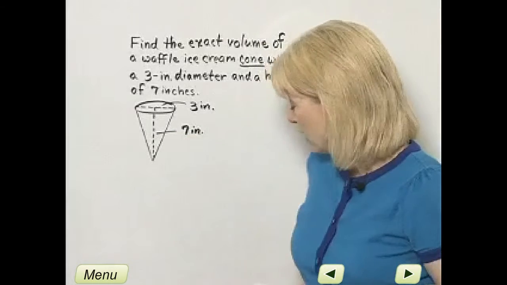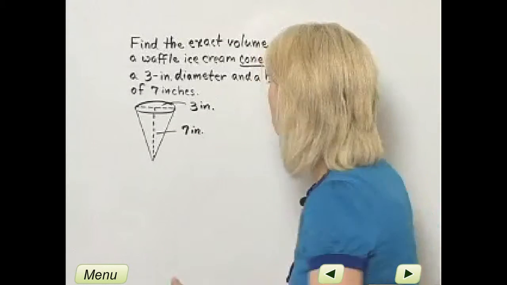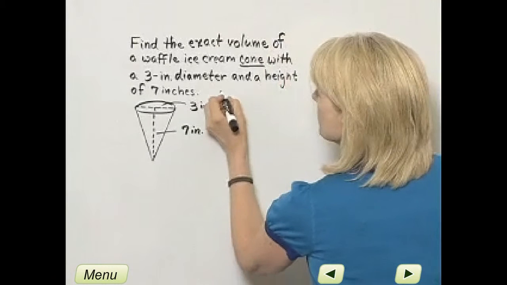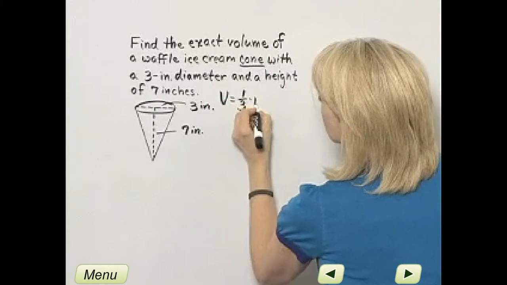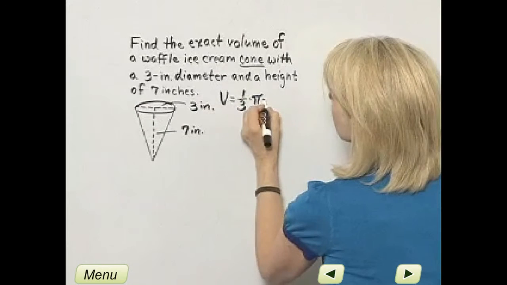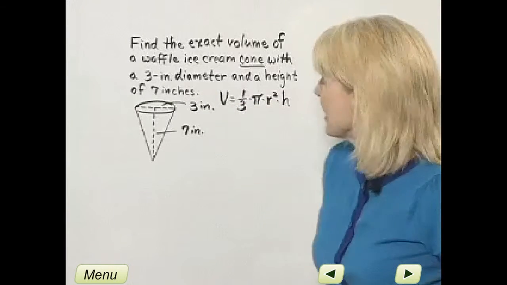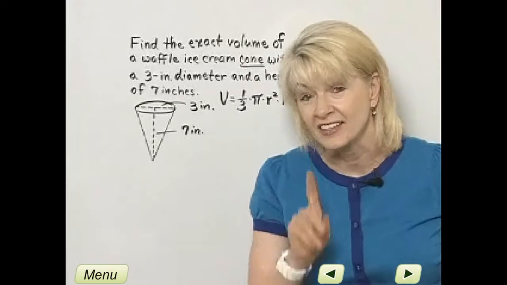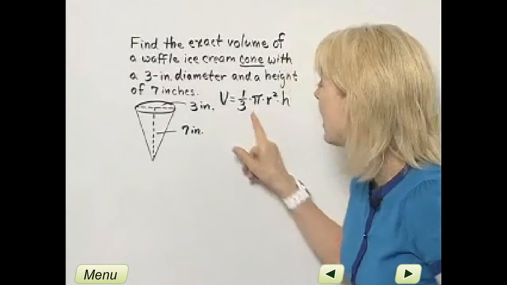Definitely a cone, so let's look up or write down the formula for volume of a cone, and that formula is volume is equal to 1/3 times pi times r squared, radius squared, times height. And let's now go and find the exact volume. We will not be making any approximations for pi.